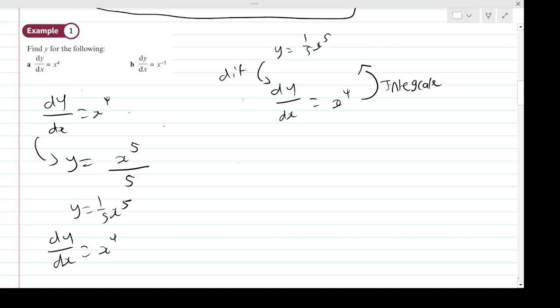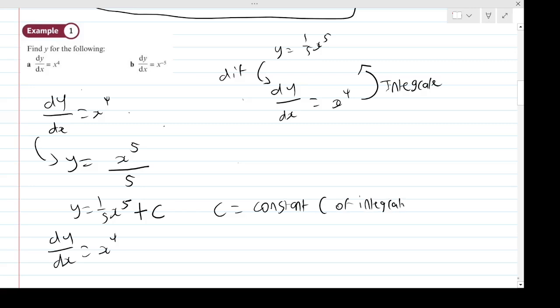So what do we do? Well, what we need to consider is we need to add something on. So we need to add a plus c. This c is what we call a constant, or a constant of integration.